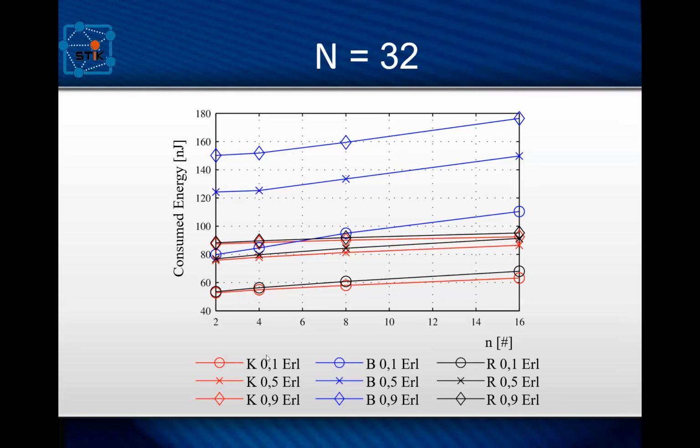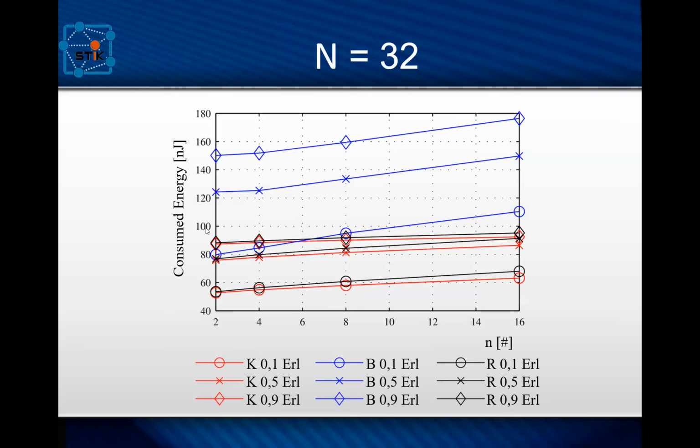We can see energy consumption for the sequential algorithm, the Benes algorithm, and the quasi-random algorithm for different traffic intensities expressed in Erlangs.